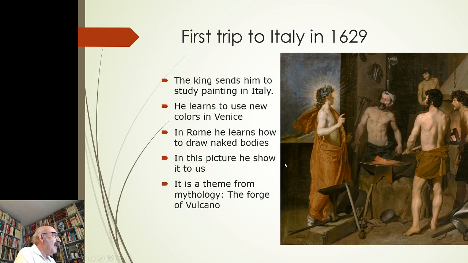Okay, these are gods and goddesses. If you look closely, they look like ordinary people. This is the god of the fire, the volcano. Okay, this is another god. This one is conveying some news to the god.